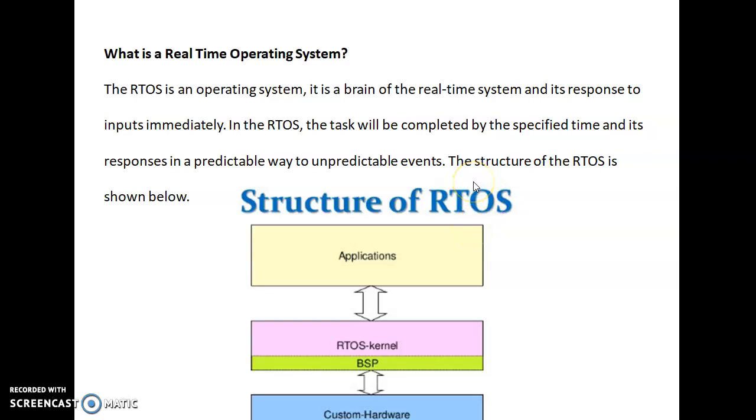This is the general structure of RTOS. It's not complete, and there are certain changes in different types of real-time operating systems, but this is the generalized one. These are the application programs which are executing, right? There is an RTOS kernel where all the files and operating system programs are placed.